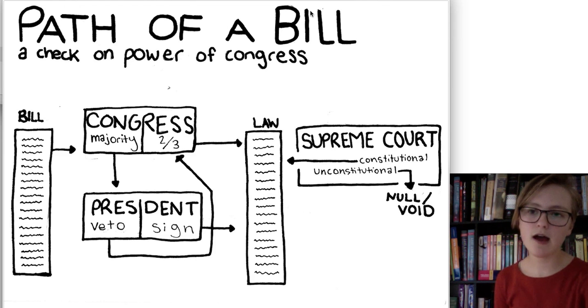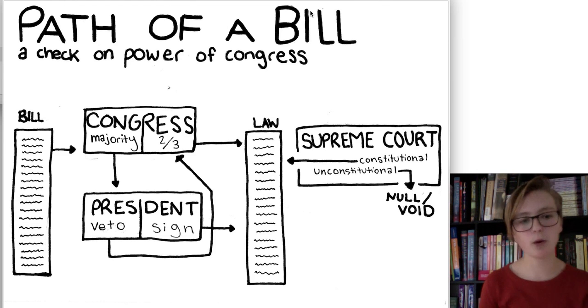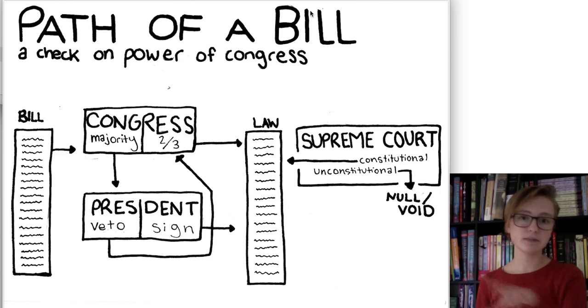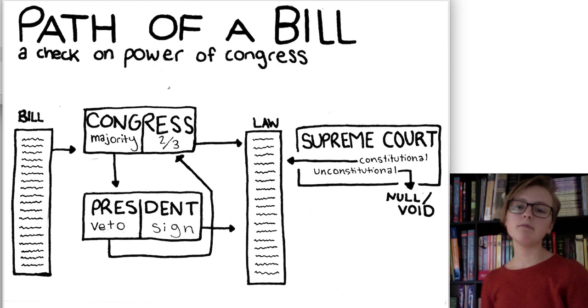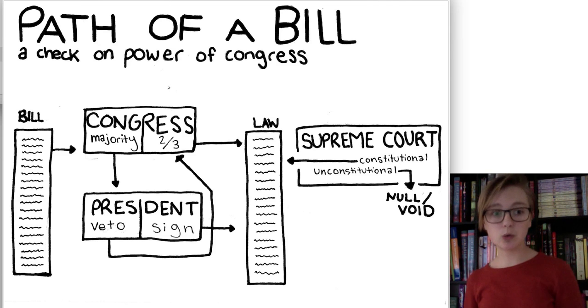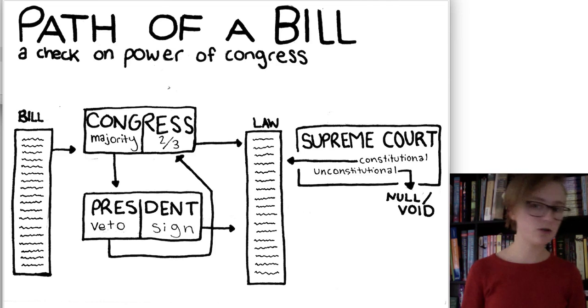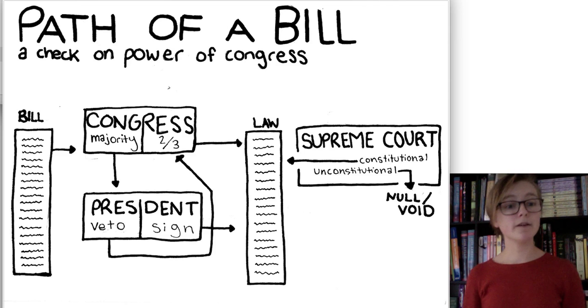So Congress is usually the one that is going to pass bills. But the system that we have for passing bills makes sure that it's not just Congress. When a bill is written, it has to go through the House of Representatives and the Senate and get a majority vote from both. Then it goes to the president and he can sign it, in which case it goes straight to being a law. Or if he vetoes and says, no, this should not be a law, it goes back to Congress.